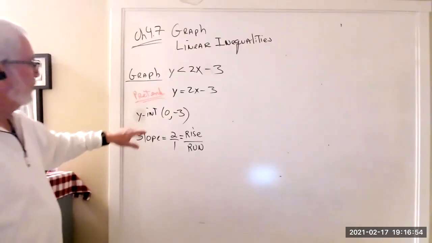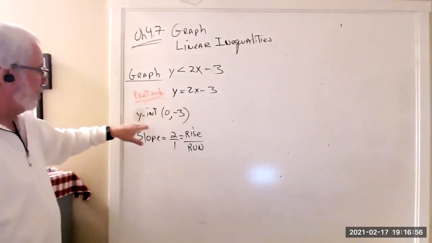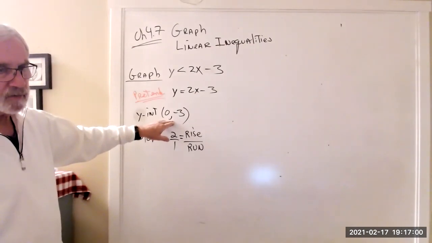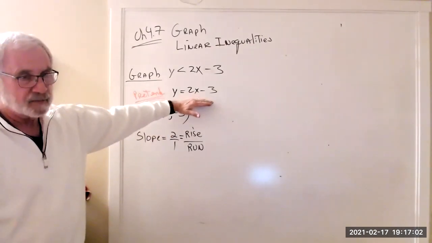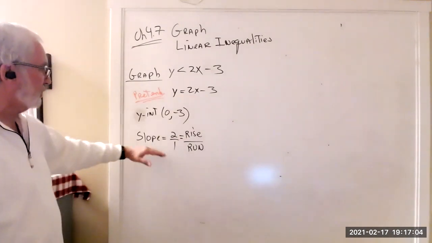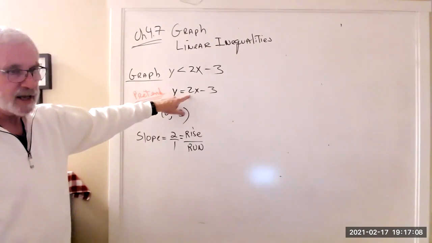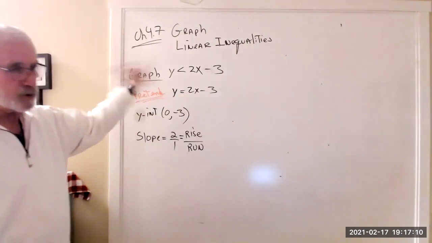Okay, so is everybody okay with how I got the y-intercept of (0, -3) just by looking at it, and how I got the slope of 2/1 just by looking at it? Because that's what you're going to have to do.